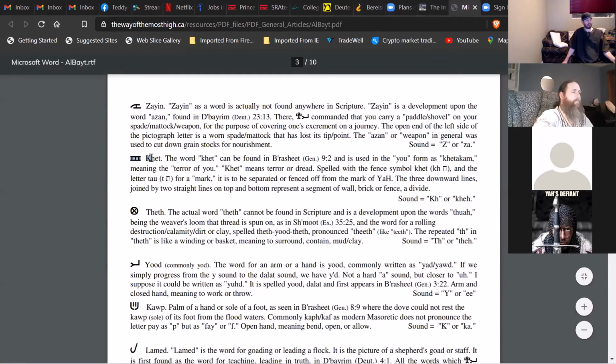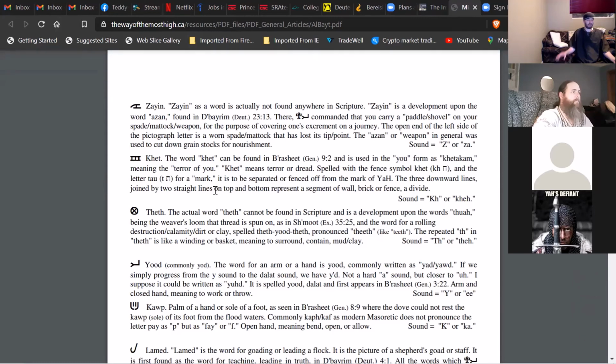The next letter is the letter Theth. It's these three lines with a top post and a bottom post. And this is essentially a fence that you would use for your property or your cattle.